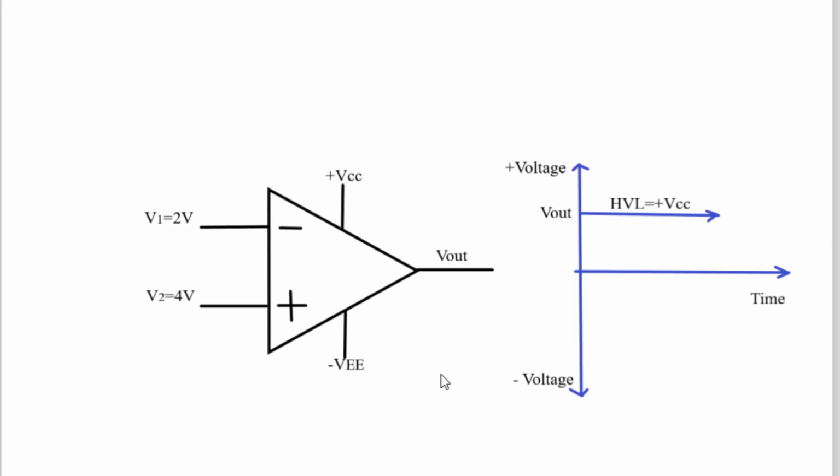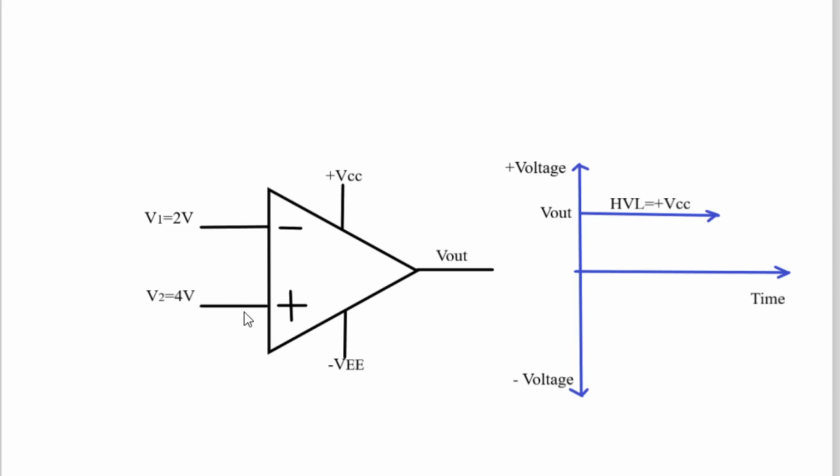Op-amp's first stage, what it does is amplify the difference between the two inputs and produce the result at the output. Now, in the case of the op-amp, the input V1 is normally applied at the inverting input.